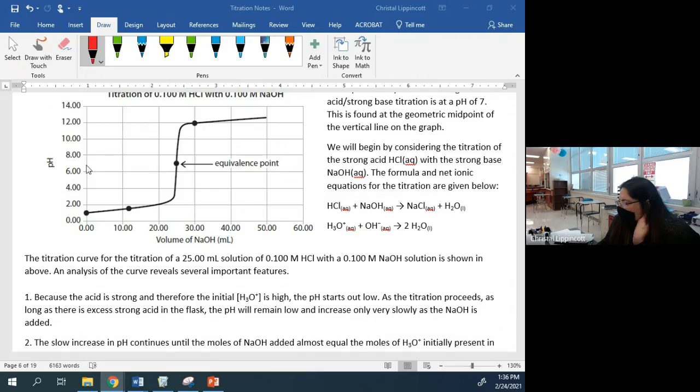Your equivalence point here is at 7, so we have a pretty good indication that this was a strong acid, strong base titration. This is between 12 and 14, so typically that's where your strong bases will come in. And with an equivalence point of 7, we would be pretty confident in saying that this is a strong acid, strong base titration here.